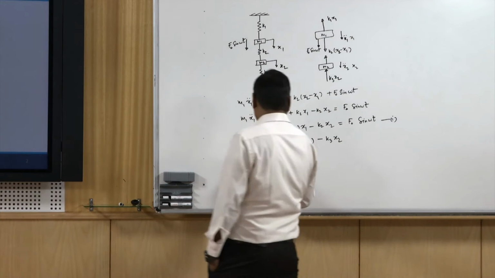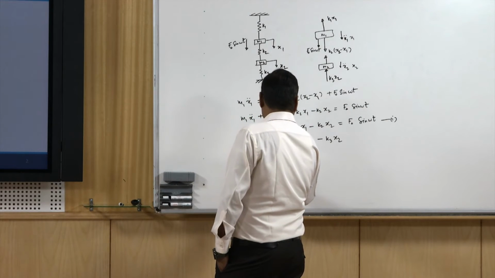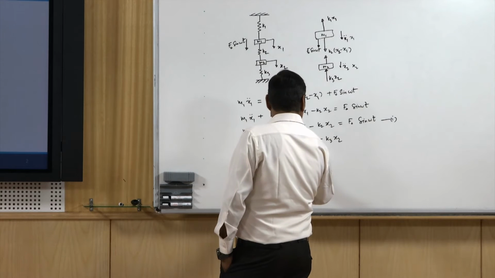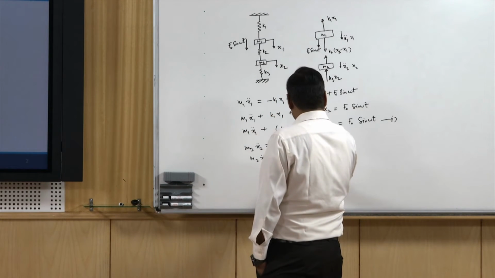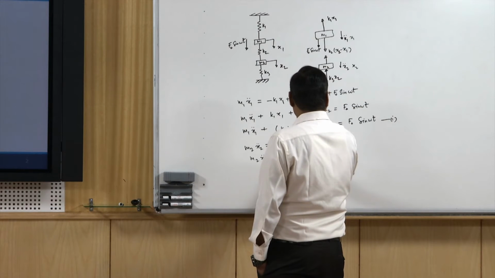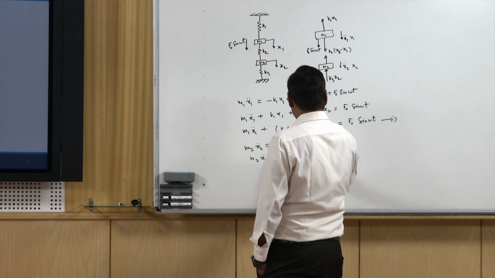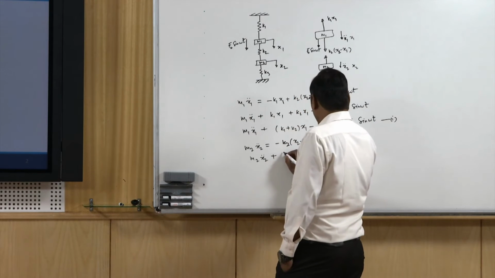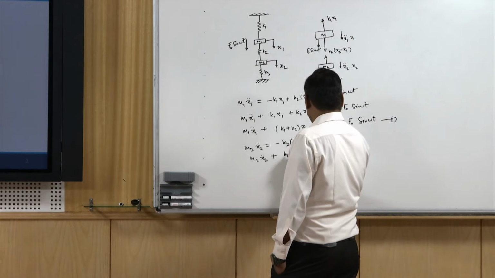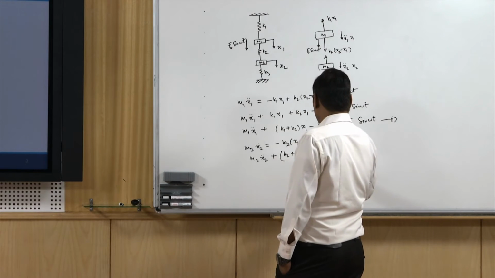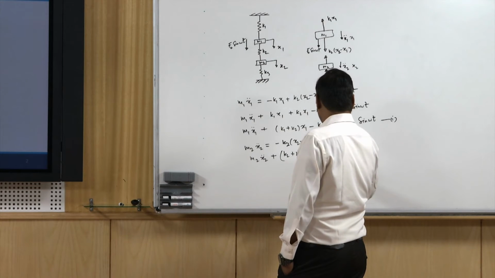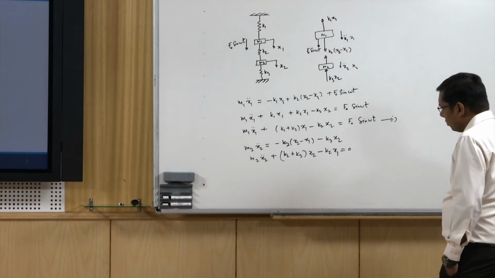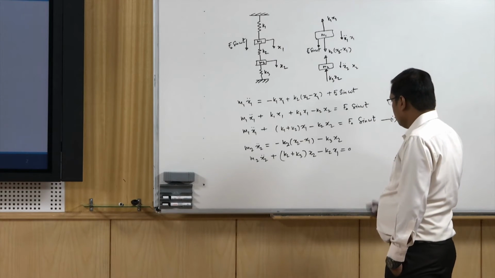Sorry, it is k2 here, not k3. So we can write m2 x2 double dot plus (k2 plus k3) x2 minus k2 x1 equals 0. This is equation number 2.